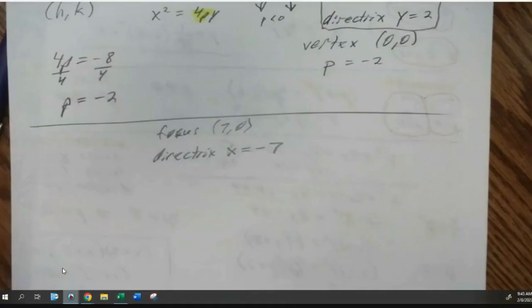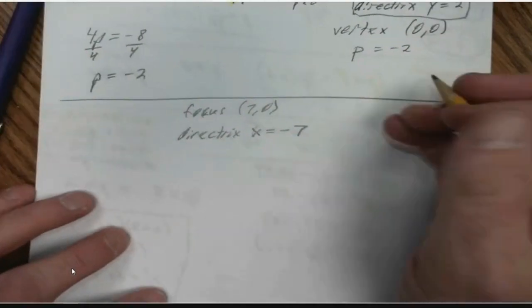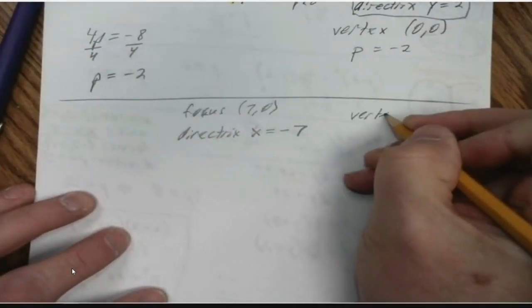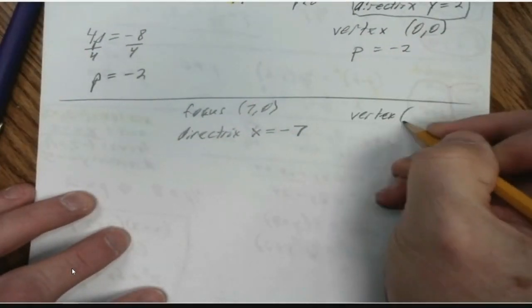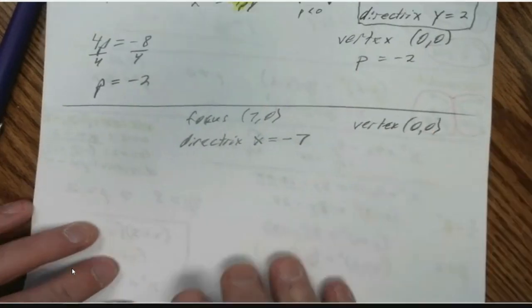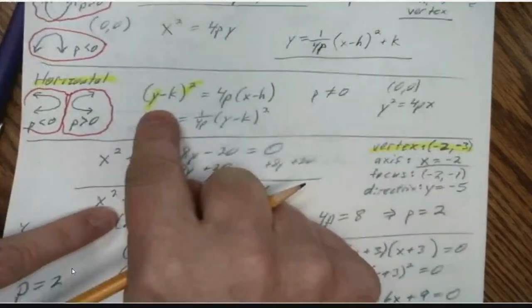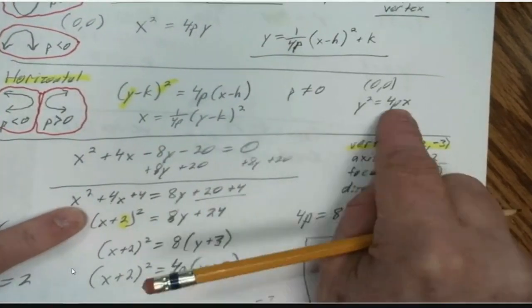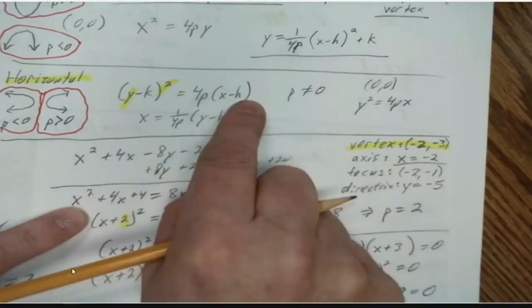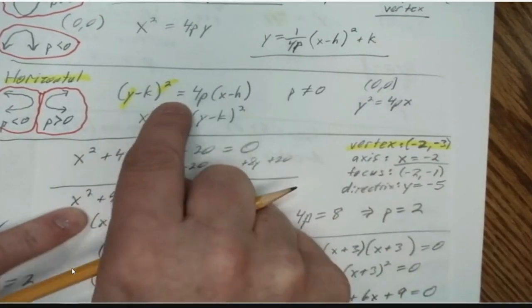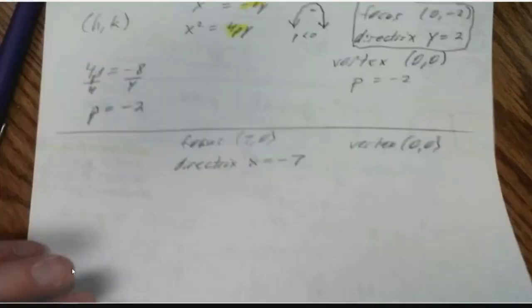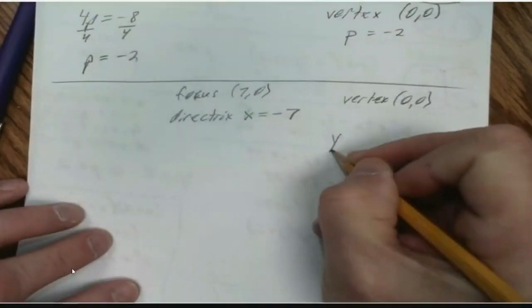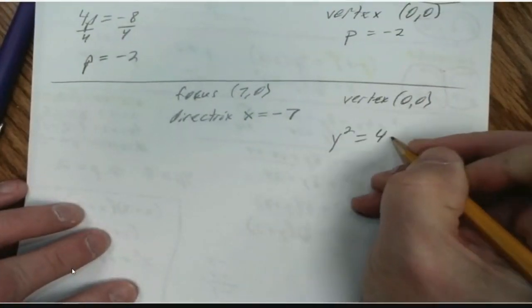That simplifies our equation. We know it's a y squared, so it's just y squared equals 4px, because h and k are 0. So that's the equation we're looking for: y squared equals 4px.